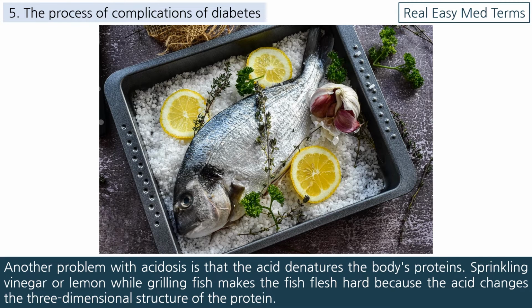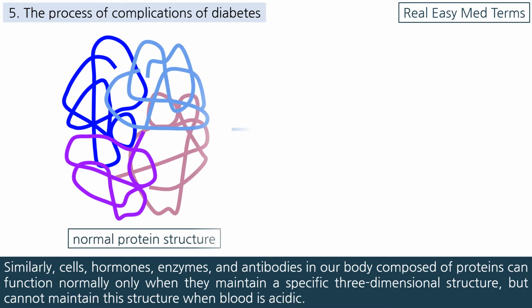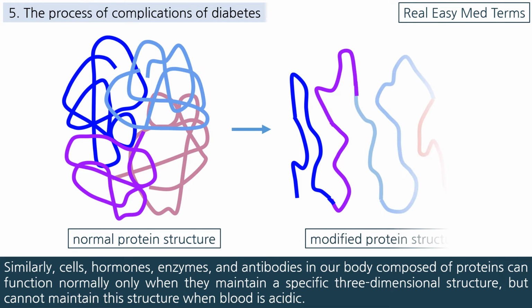Another problem with acidosis is that the acid denatures the body's proteins. Sprinkling vinegar or lemon while grilling fish makes the fish flesh hard because the acid changes the three-dimensional structure of the protein. Similarly, cells, hormones, enzymes, and antibodies in our body composed of proteins can function normally only when they maintain a specific three-dimensional structure, but cannot maintain this structure when blood is acidic.